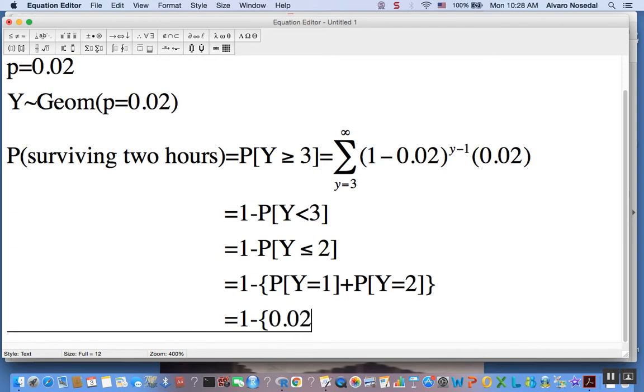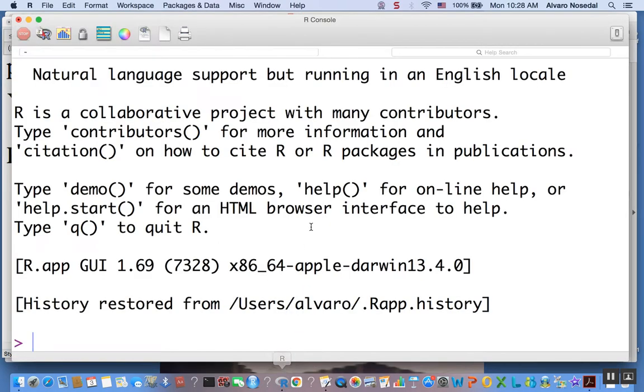The other one is evaluating at 2, so it would be 0.98 times 0.02.